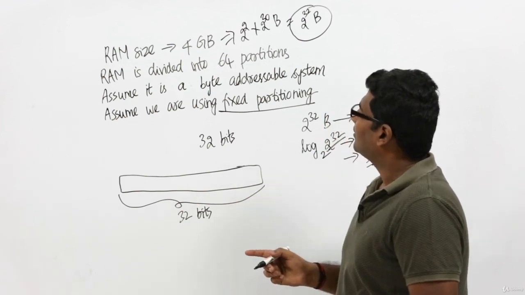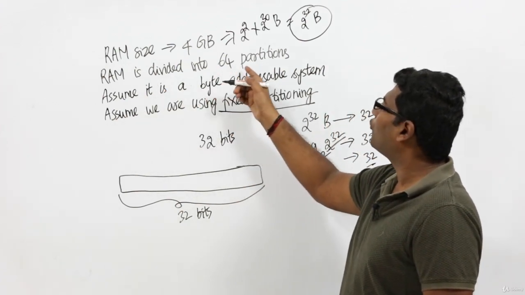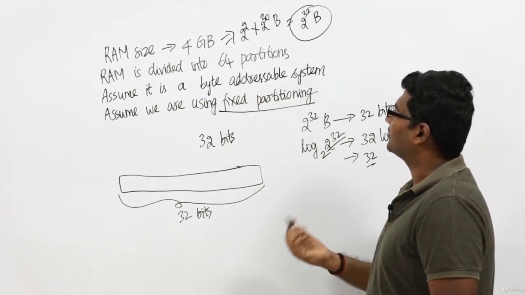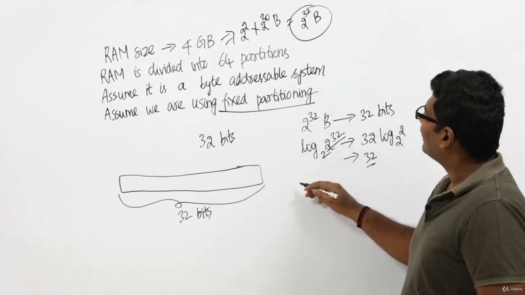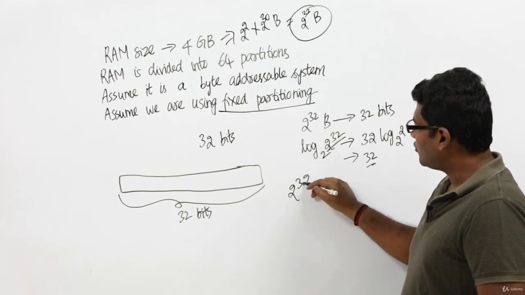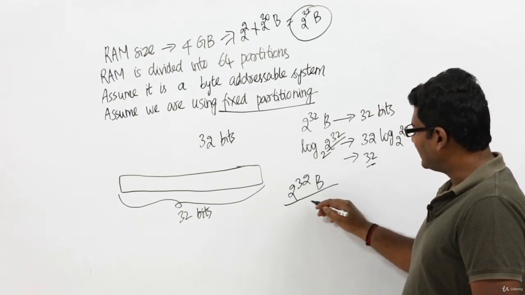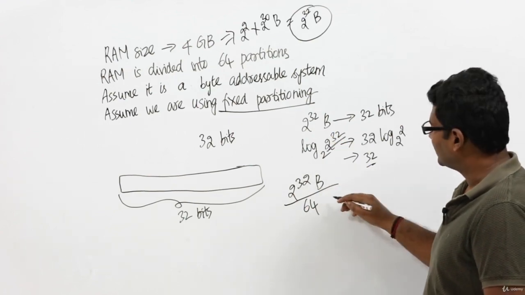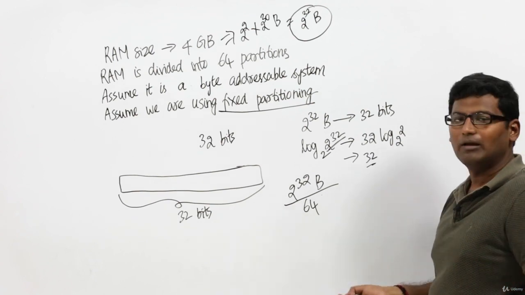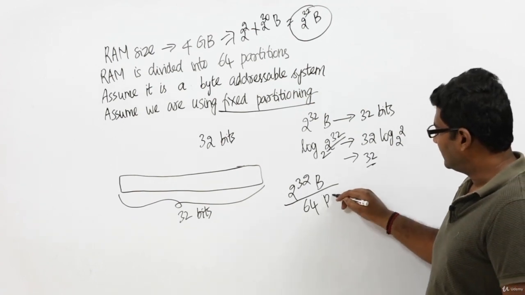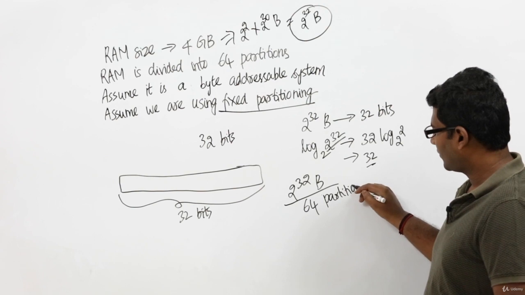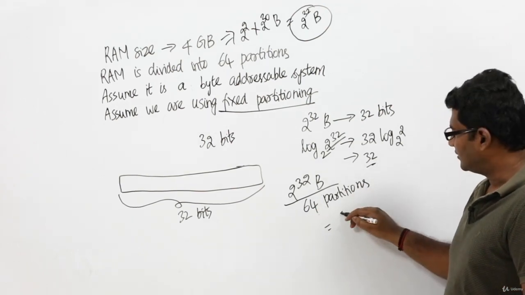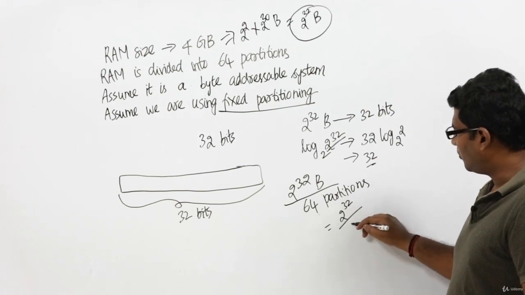And they have given that our RAM is divided into 64 equal size partitions, and all of them are fixed. Now in case I divide 2 power 32 bytes by 64 partitions, how many bytes will a single partition have? Now this 64 can be written as 2 power 6, right? This is 2 power 32 and this is 2 power 6.